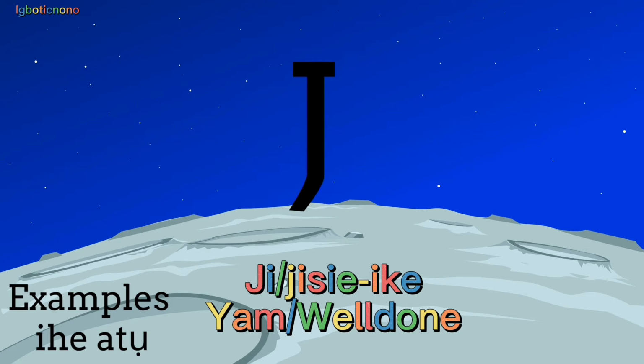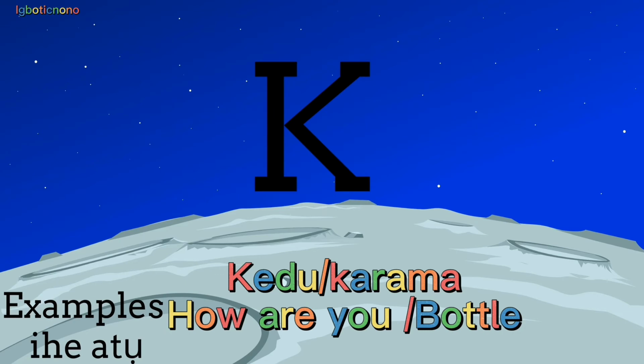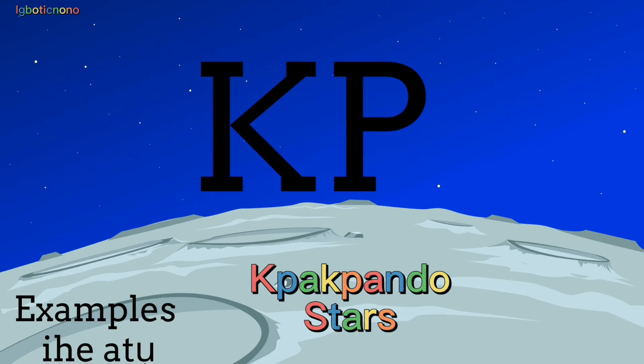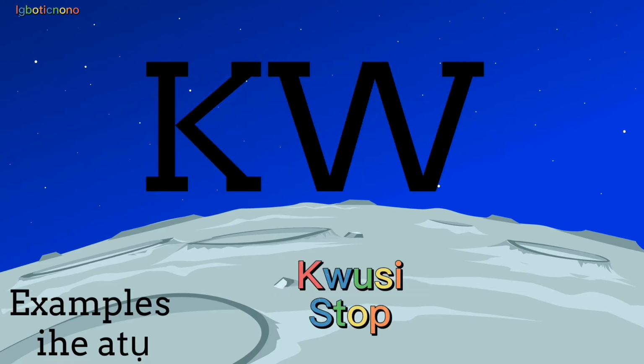And isi is jisie-ike. Then there's K, kedu, that's how are you. And the other one is karama, bottle. Then kwụsị, that's stop.